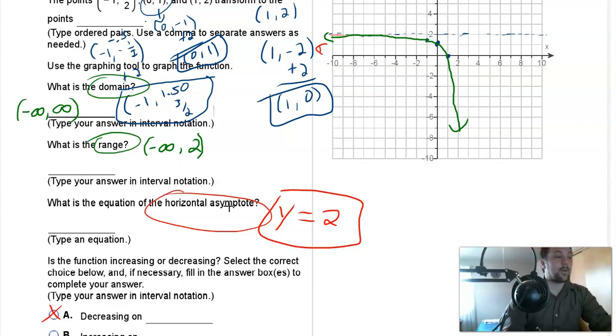It's always decreasing no matter what. But it wants us to describe where it's decreasing in interval notation. So it's from the very left-hand side, which is negative infinity, to the very right, positive infinity. It's always decreasing from the very left to the very right. And that would be how you would answer that part of it.